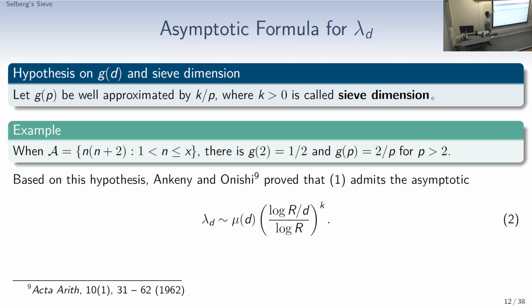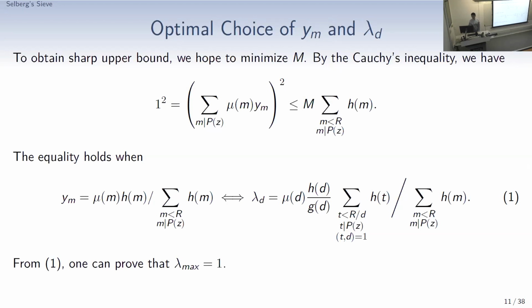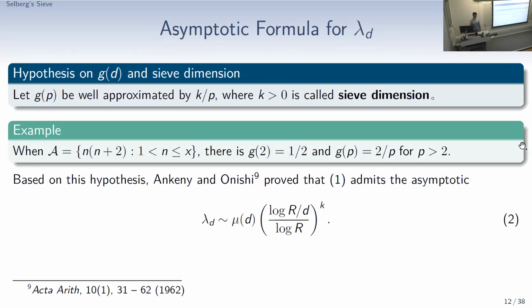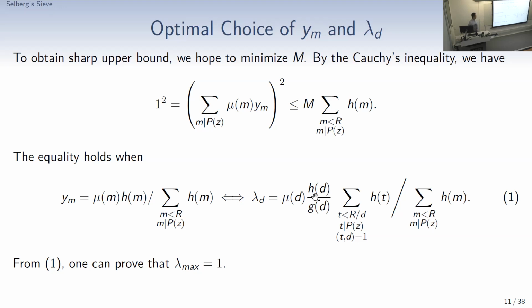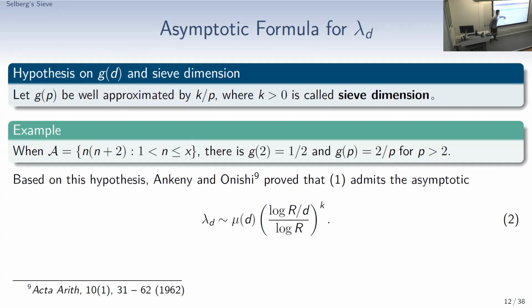Under this assumption, G of p depends on k, and because h is a function depending on G, and lambda d is a function related to h and G, hence G itself, this optimal lambda also depends on k, and also on this letter R and d. By plugging these properties into this monster, it becomes something relatively beautiful.